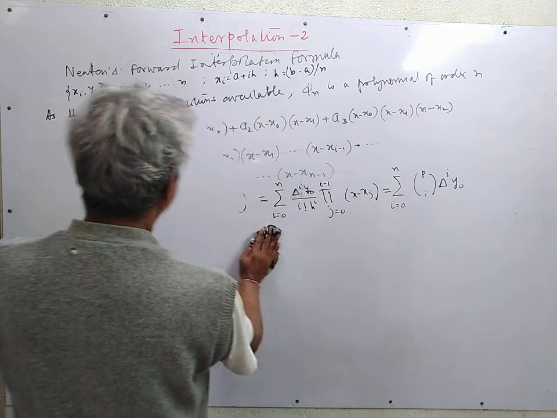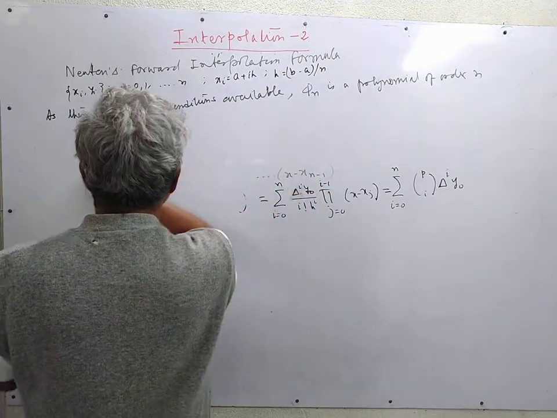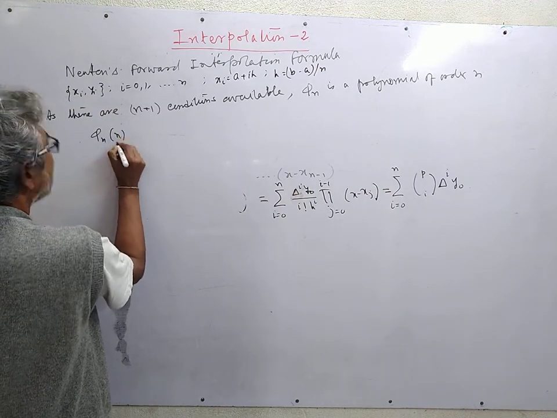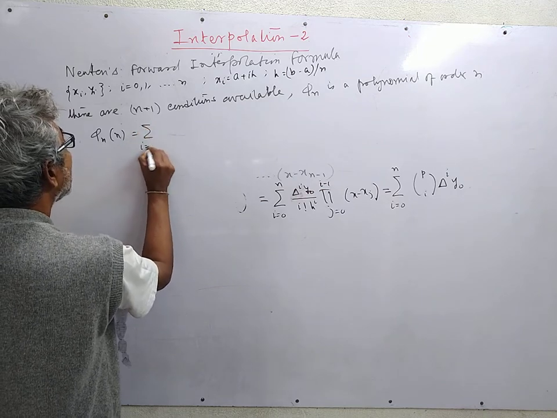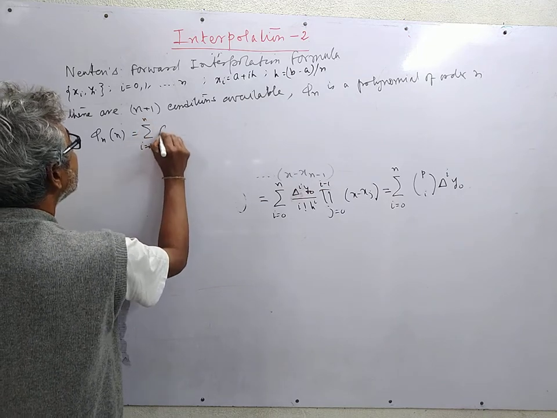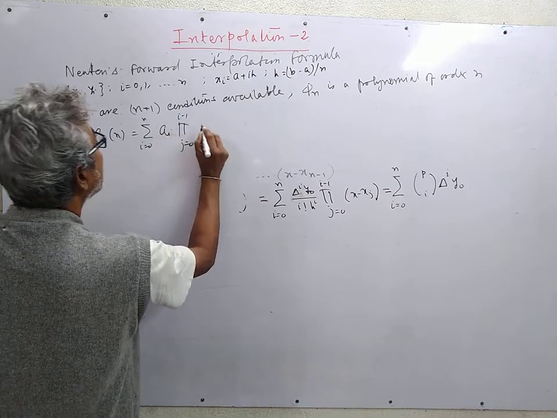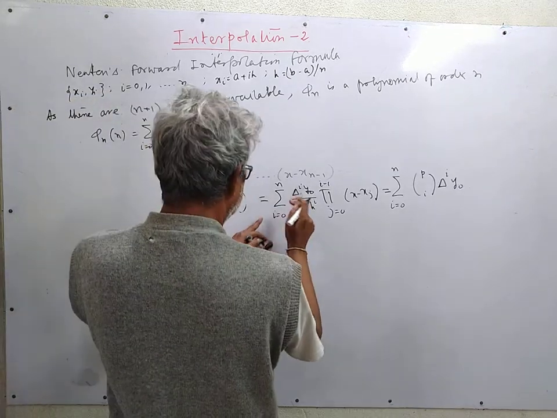Let me first write the formula. Phi n for the forward interpolation formula is equal to the summation over i is equal to 0 to n of ai, which becomes this one.